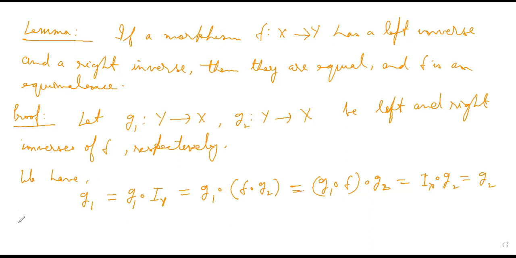So hence G1 equal to G2 is a two-sided inverse of F, and F is an equivalence.